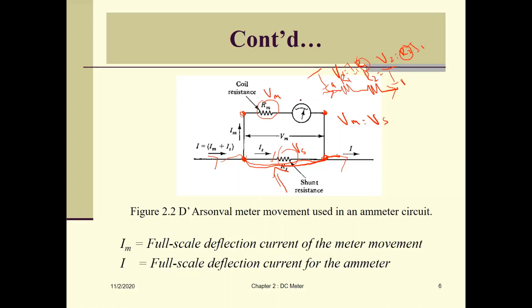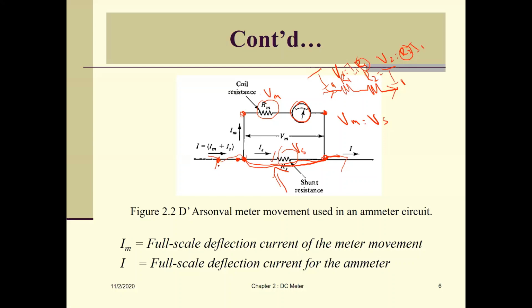So this is our ammeter to measure the amount of current flowing through IM here. As I mentioned, if you want to measure the current, for example using the digital multimeter, we have to connect it like this, from this point to this point.